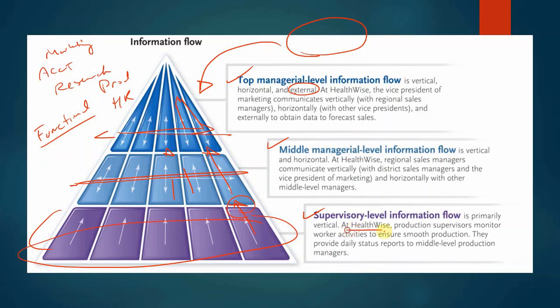At HealthWise, because it's producing health fitness equipment, they could get information about people's health and what is trending. Maybe right now jogging is in, or perhaps cycling is in, and that information then goes into their reports so that it can provide the best information up through the ladder.